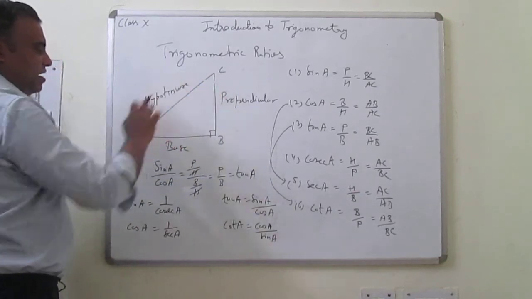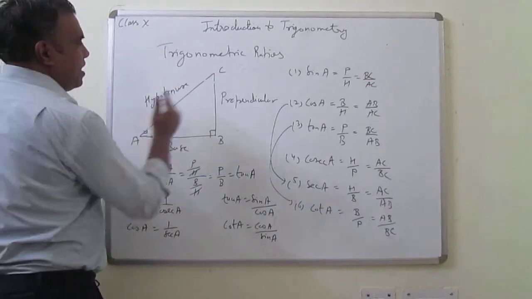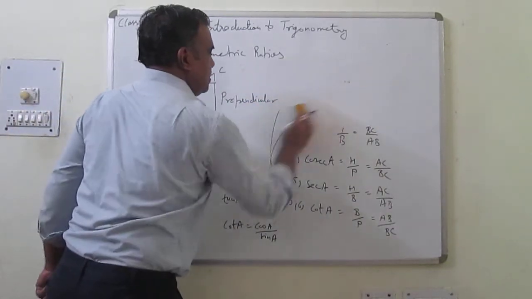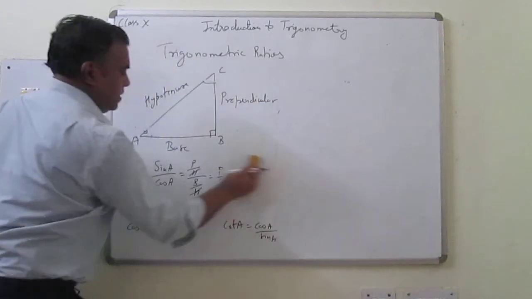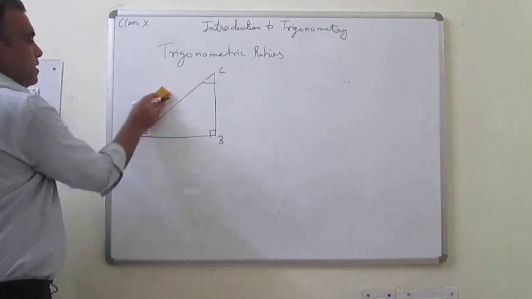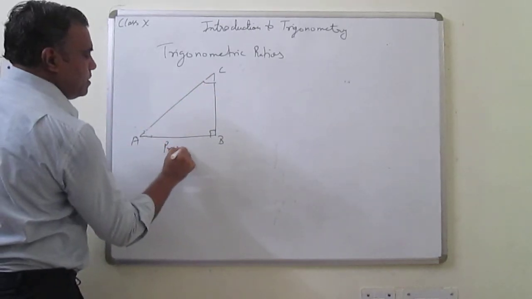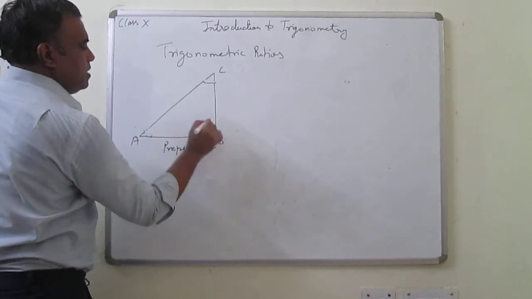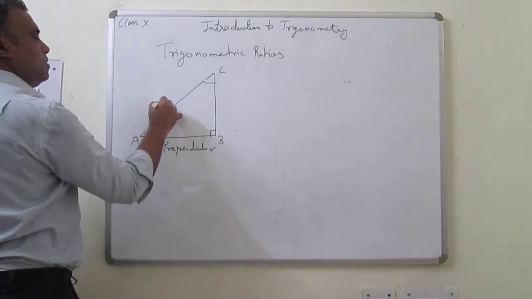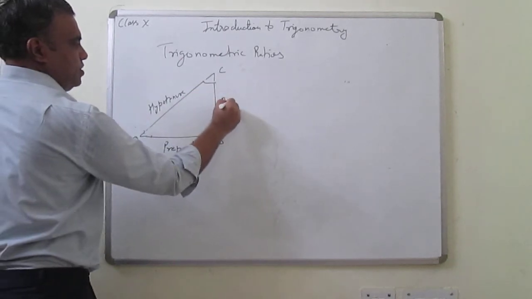Now the categories are changed. If I take angle C, now the perpendicular is AB, hypotenuse is the side opposite to 90 degree, and base is BC.